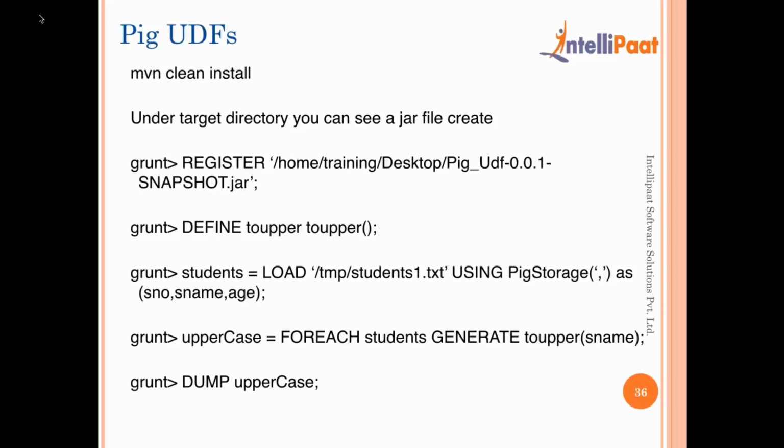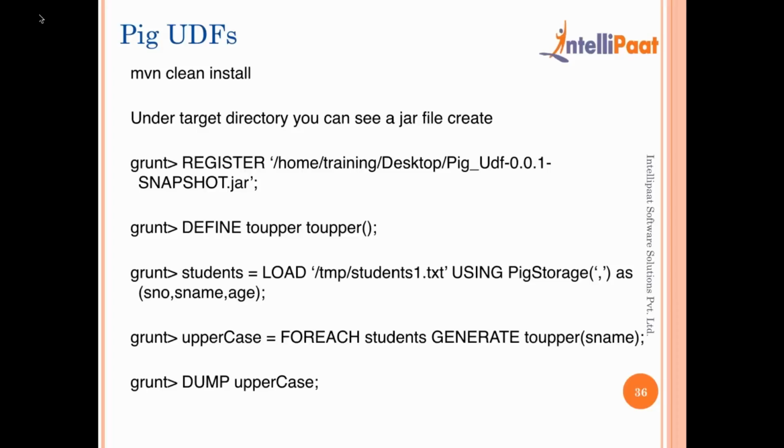You go into that target directory and copy that jar wherever you want. After that you can go to the grunt prompt, either using pig -x local or pig -x mapreduce, and you can register the jar. First you have to register the jar before defining the function, so you first register, and then the path.